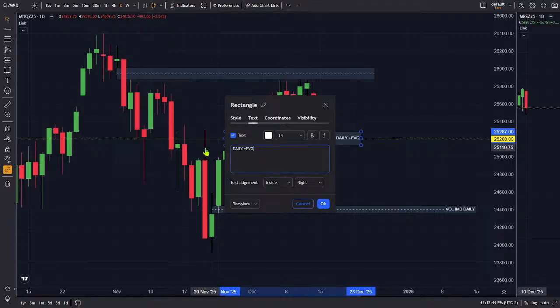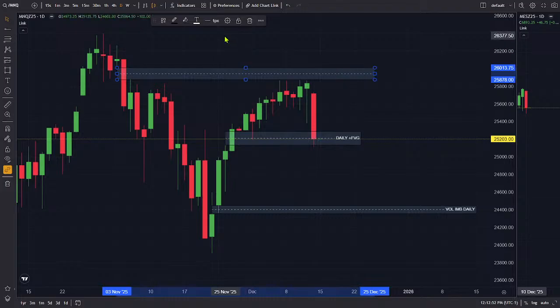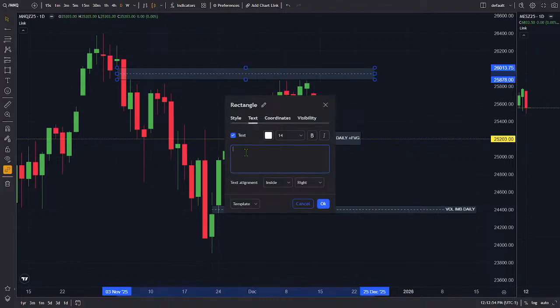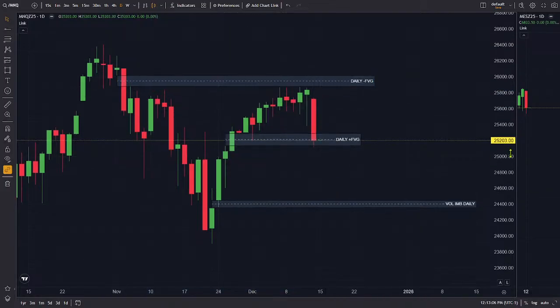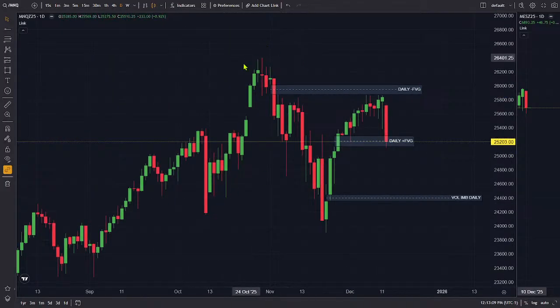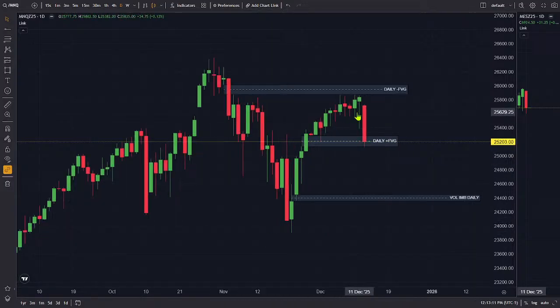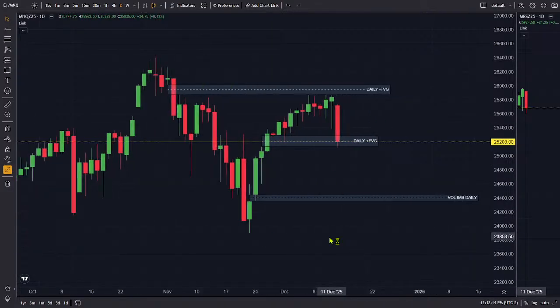I'm going to copy that so I don't have to type again. And we'll just label this one the same, but we'll put it as a negative. All right. So yeah, if I'm looking at a 1 minute chart and this liquidity is going to be run, I'm wanting to see a higher low before we go run it. So I'm thinking we're going to work down into some of this prior to going up.